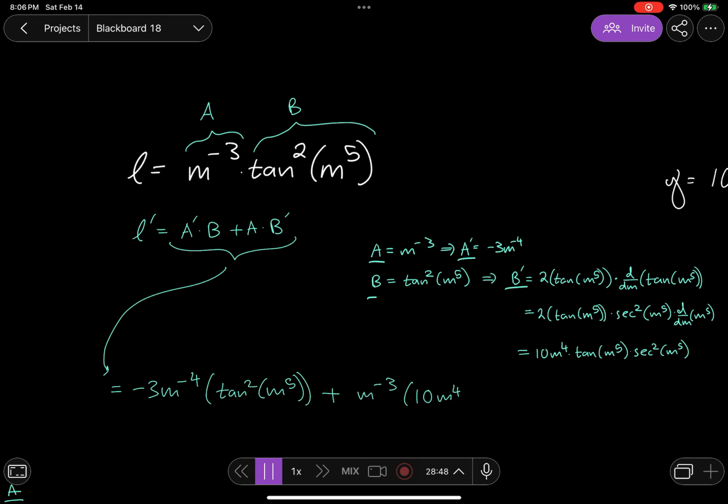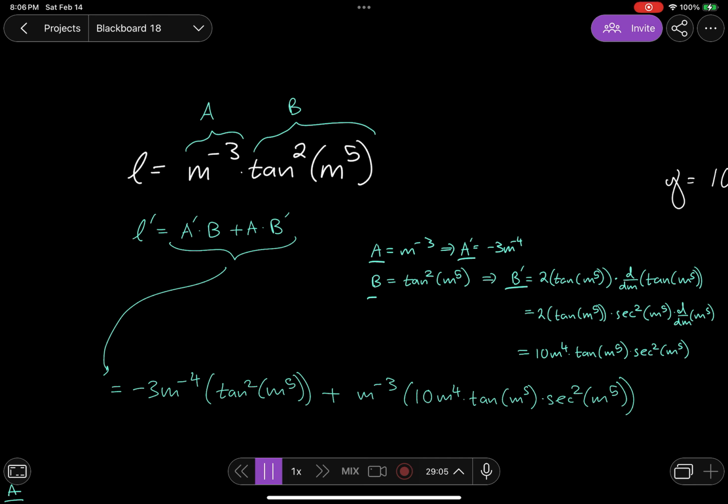Oh, I'm seeing something nice. That's m to the 4th, times tangent of m to the 5th, times secant squared of m to the 5th.